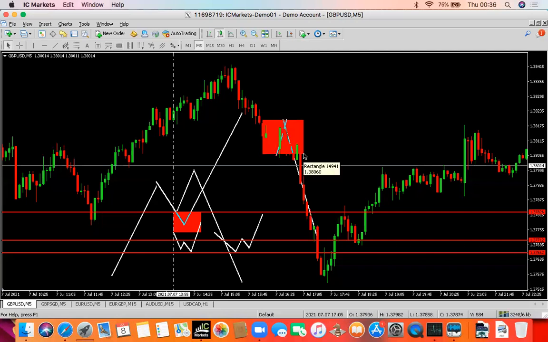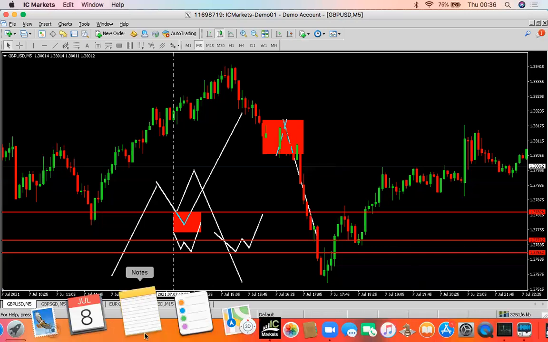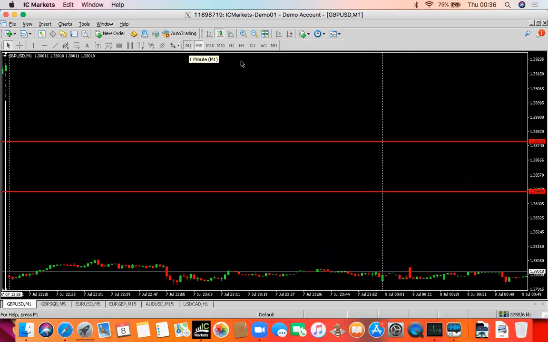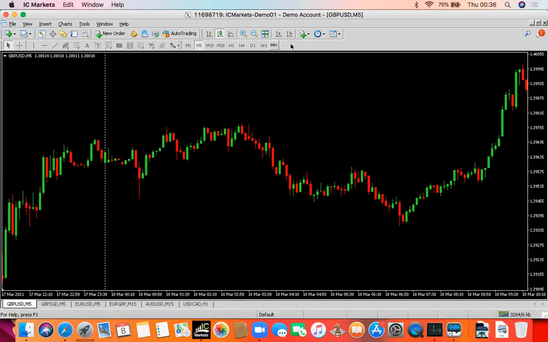Okay, so this will be the M pattern for the sell. You can go back on the 1 minute. Because this setup is on the 5 minute, you have to go back to 1 minute, 2 minutes or 3 minutes to see that.